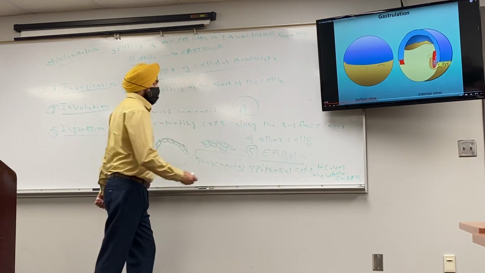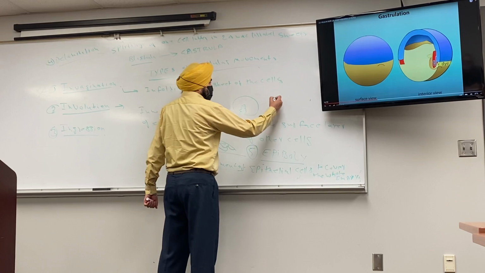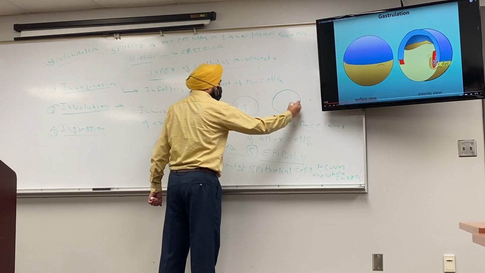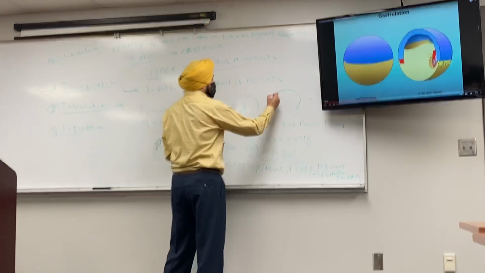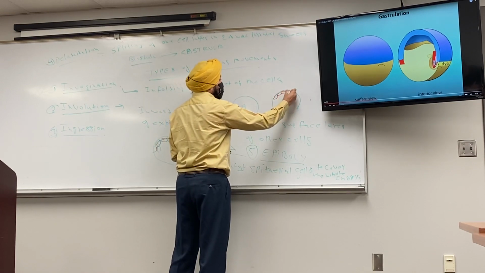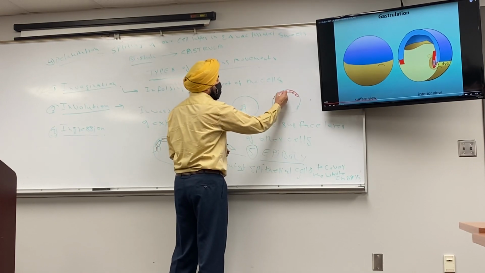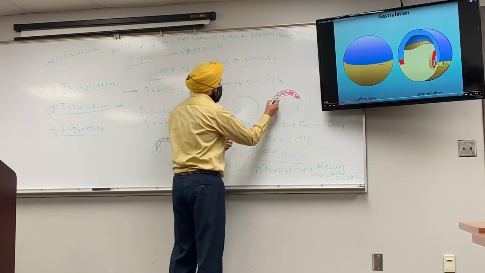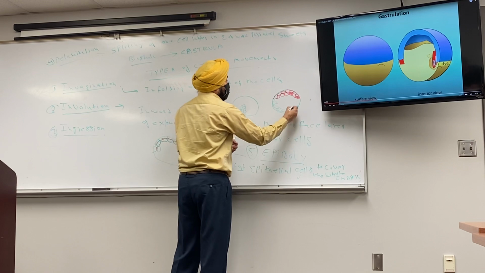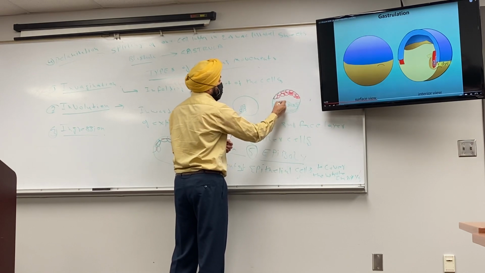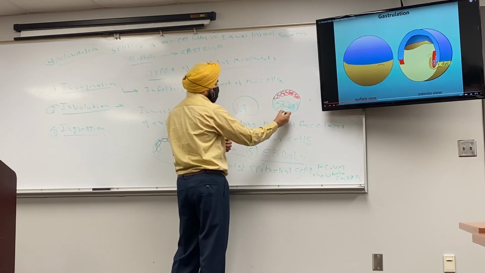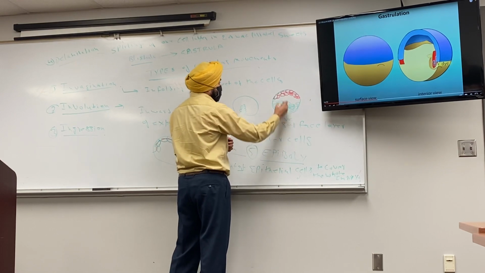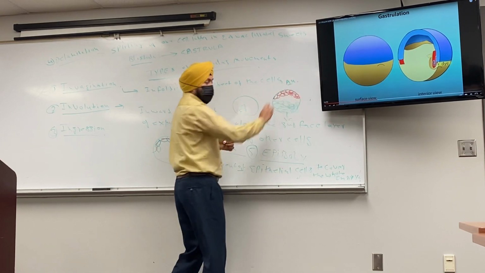Now what is that? So for example, this is our embryo. These are the cells of your vegetal pole, this is your animal pole, right?